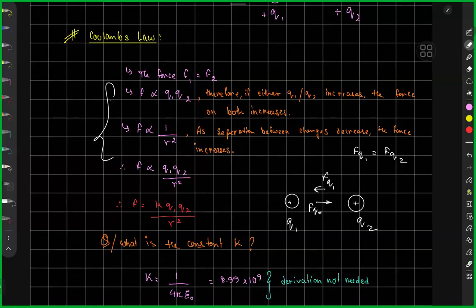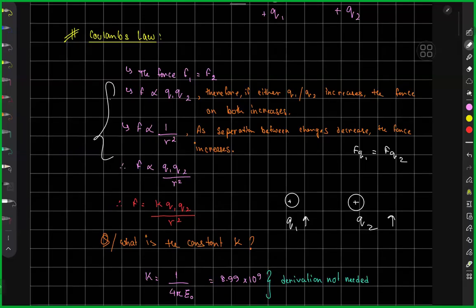So my point over here is, if I increase the charge, either Q1 or Q2, it just so happens that the force also increases. So what I found out by experiment, or what the scientists back then found out, is as I increase either of the charges or both, that is the amount of the charge, the force exerted by Q1 on Q2 or Q2 on Q1 increases.